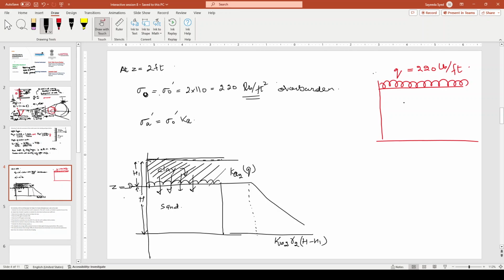This is pressure. So we have converted this to a load, and can you calculate these values, Vanita?